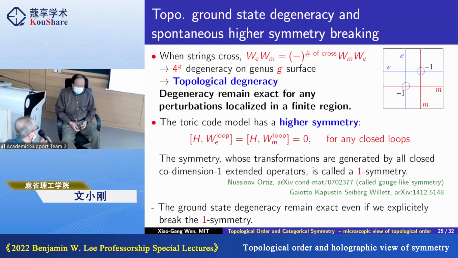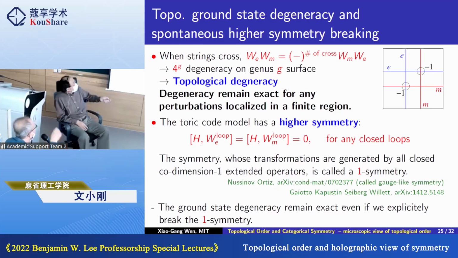Yeah, it remains degenerate. Not exact, but with exponentially small splitting. My simple question is, what is the meaning of breaking this one symmetry? Just like breaking ordinary symmetry, you just add some perturbation to the Hamiltonian.